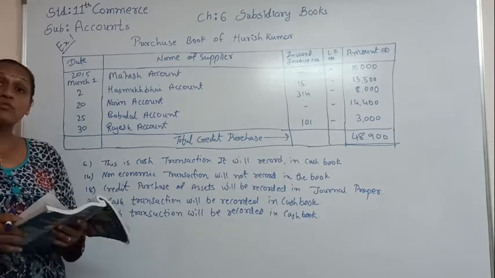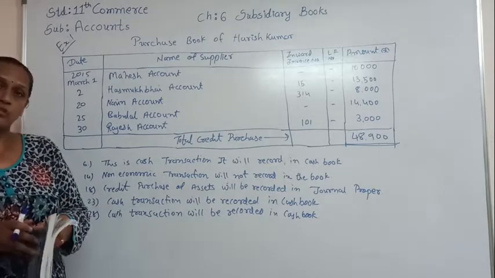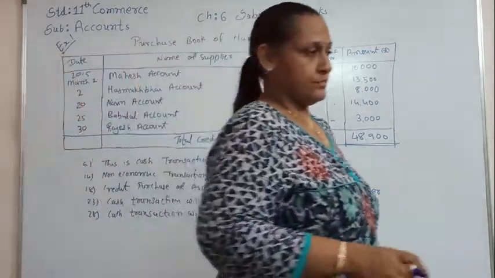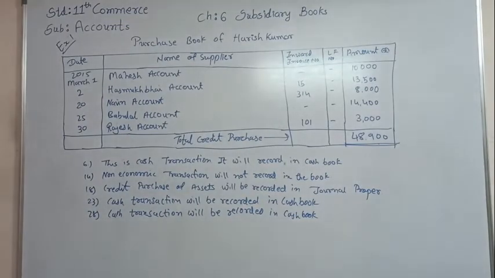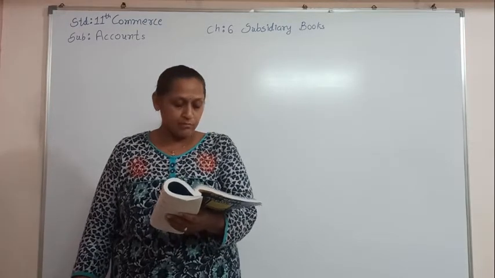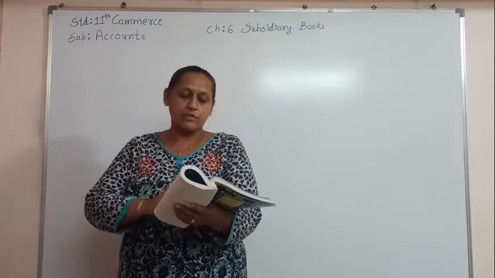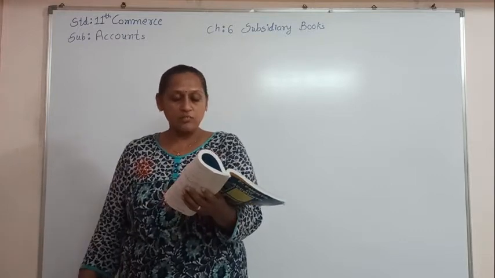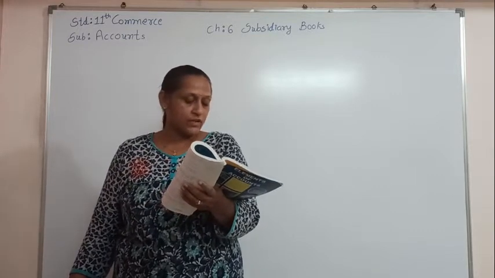Then we are going to see example number 2. Let's see example number 2. From the following information, prepare column or purchase book in the books of Sriji Furniture Mart.